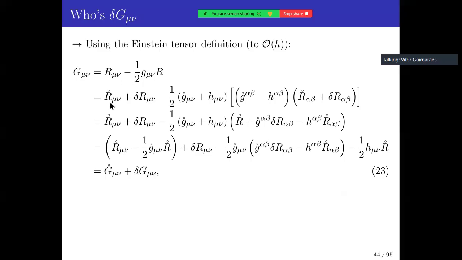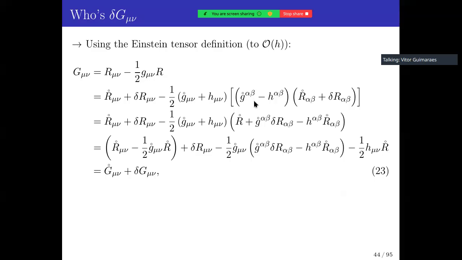So from here to here, we open up the full Ricci tensor, and we saw that it is exactly as we defined in the first couple of slides. Here is the Ricci tensor for the background metric, and here the perturbed Ricci tensor. Here we open up the full metric as g mu nu ring plus h mu nu.